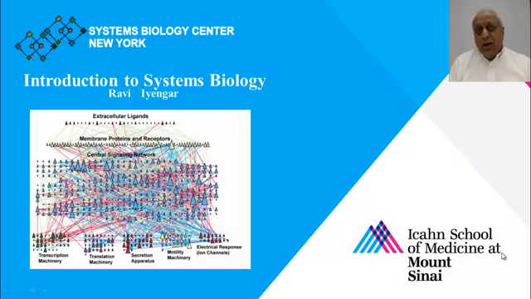So there isn't one fixed definition of what systems biology will be or is, and different people can have a different perspective of how the field is growing and what it is focused on.